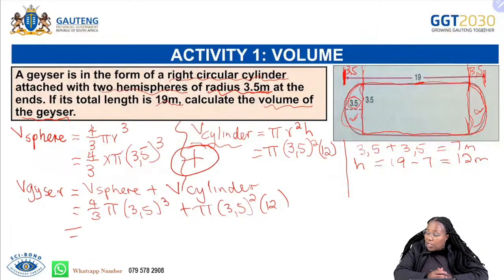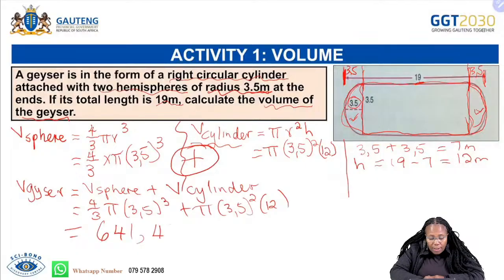And then everything into your calculator, grade 12, to the answer, that is 641,41. And the unit is in meters. Then this is the volume, then it will be cubic meters.